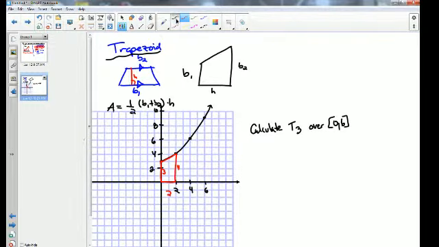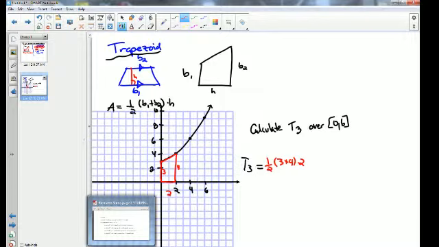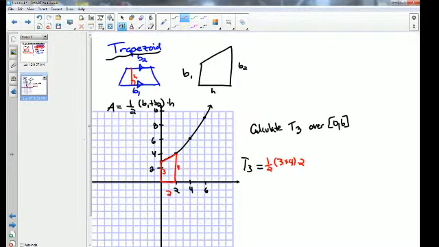So the area under this curve, or T3, I guess we could write, is 1/2 times 3 plus 4 times 2. That's that trapezoid. 7, right.